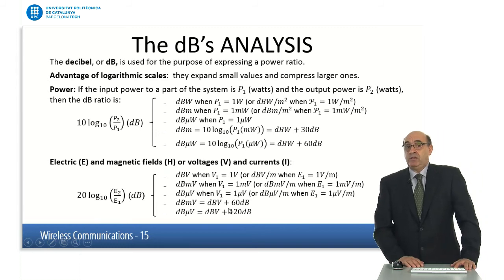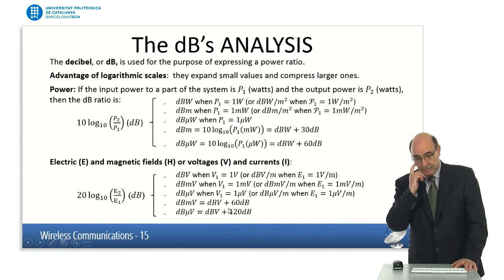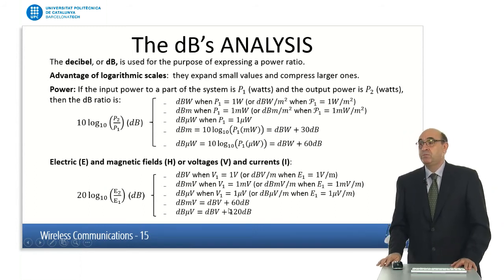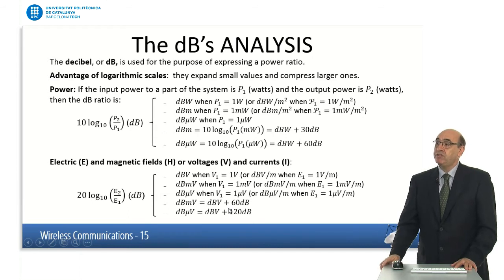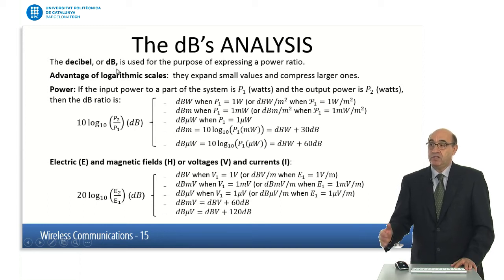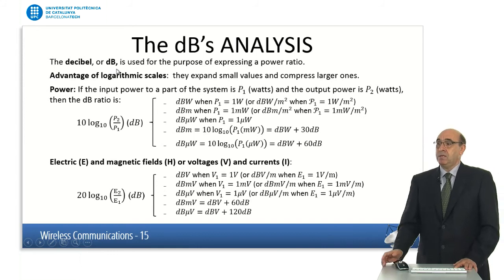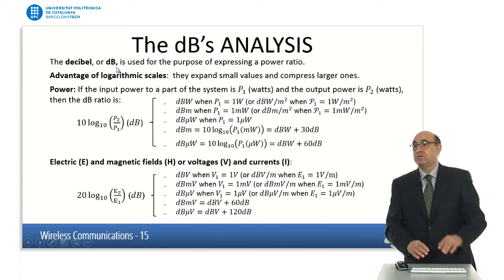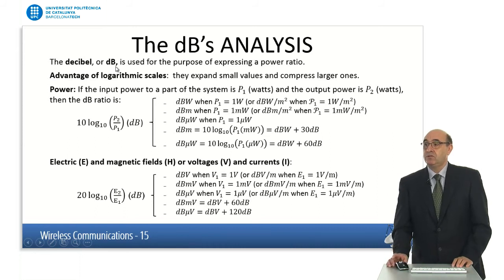We frequently use the decibel as a unit or as a tool to express power ratios. The unit is a bel, which is just log 10 of a ratio, but since this is a very coarse unit, we normally use the decibel.